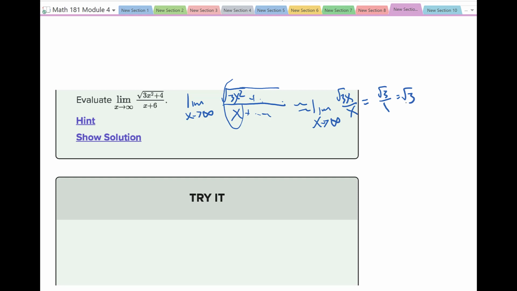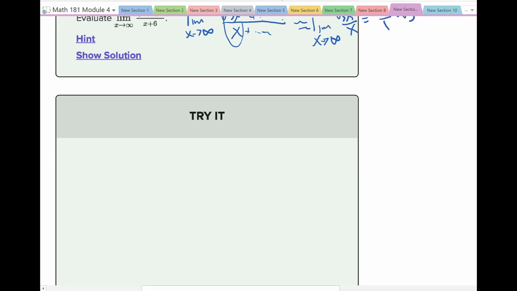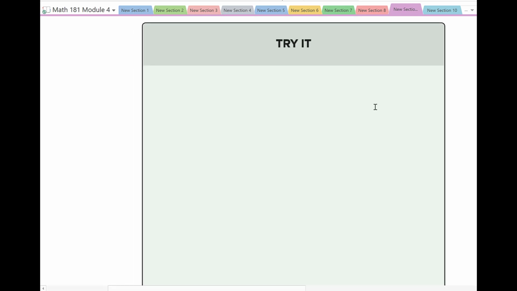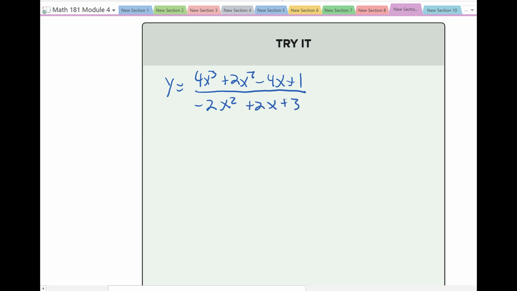Let's go on to another example. And this one didn't print out as per the new thing. My version of it is y equals 4x cubed plus 2x squared minus 4x plus 1 over negative 2x squared plus 2x plus 3.